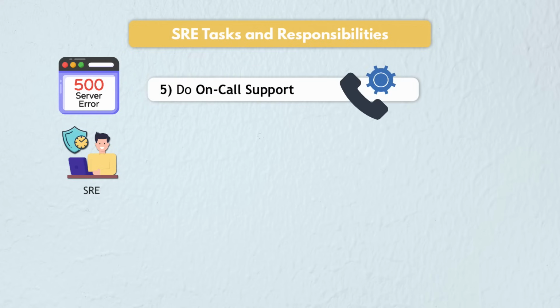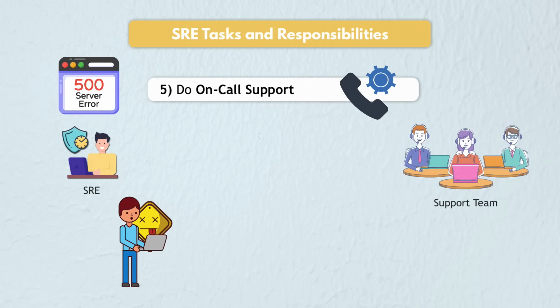Another thing that SREs do is on-call support. So basically, when things go wrong and users need real-time support, somebody is responsible for doing that, and that is the on-call support team.